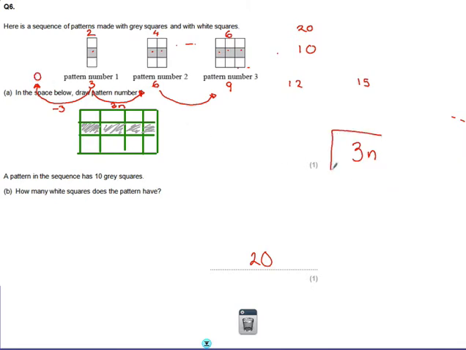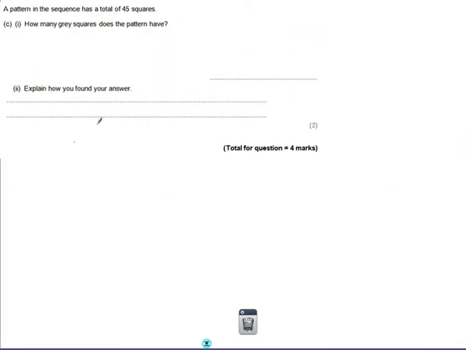So the formula is just 3n. So 3n is equal to 45. So n is equal to 15. So the 15th term has a total of 45 squares.